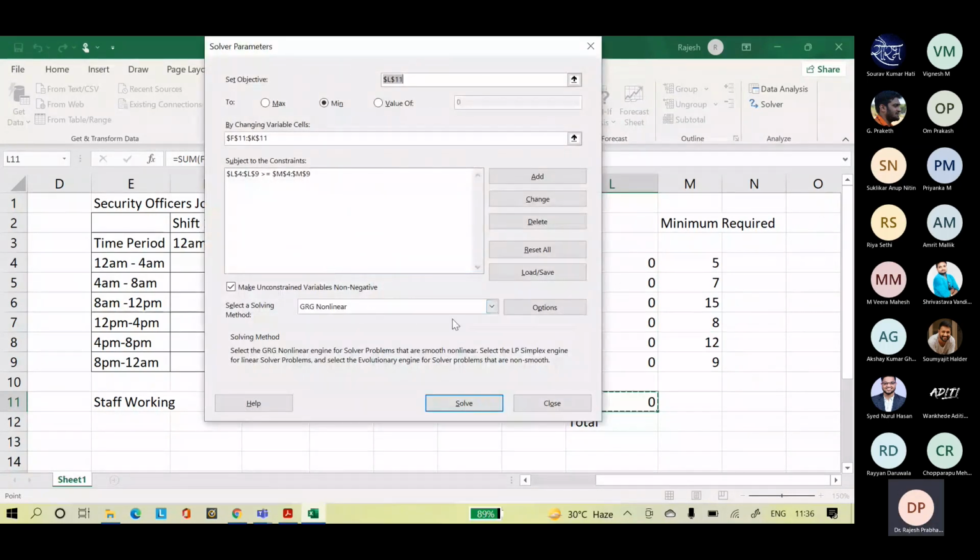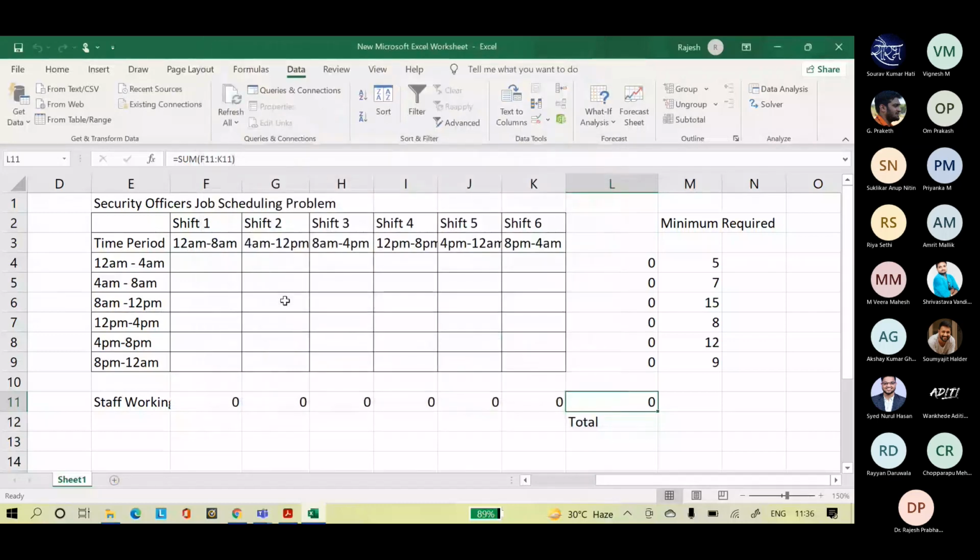Okay. Sir, can you please repeat? I'll repeat, 1 second. Let me solve. Oh, I didn't put the input number. You need to have 1. We have to give all the inputs.